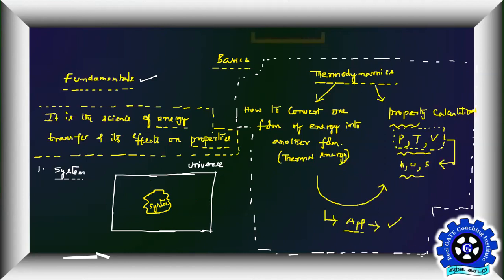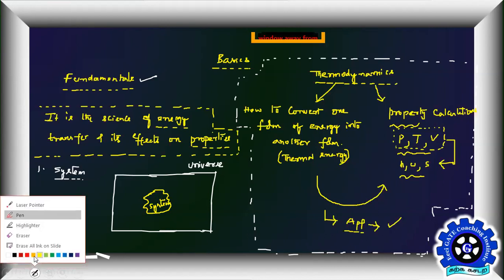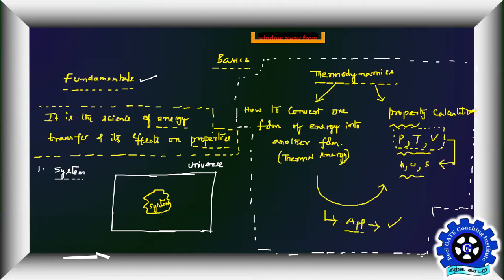So this is the region where we are going to focus for our study. This region is called a system, and the line which tells us a clear distinction between your system and the remaining part is called the boundary.